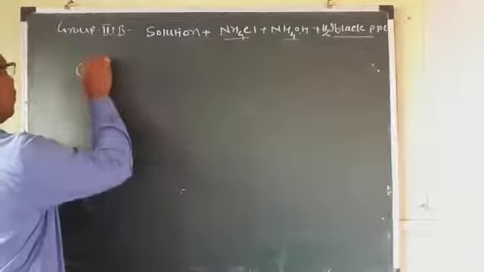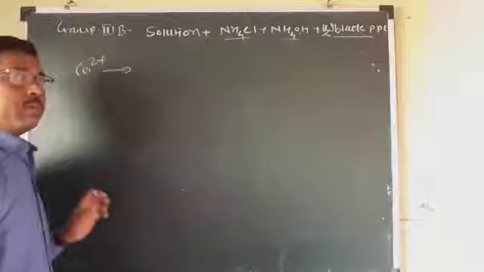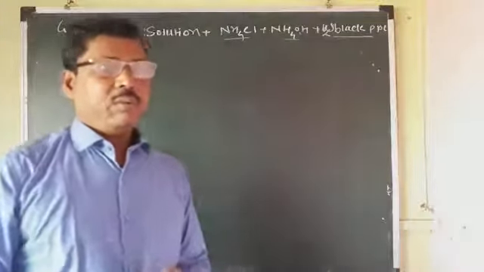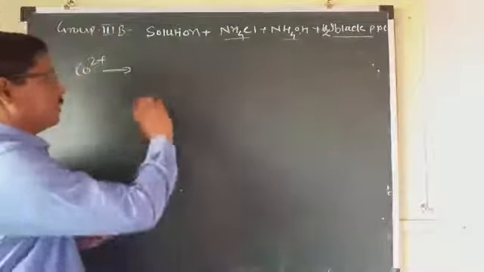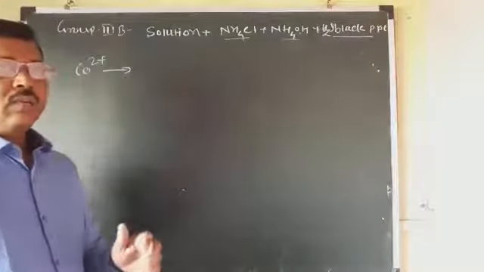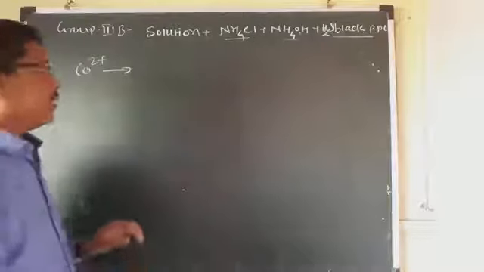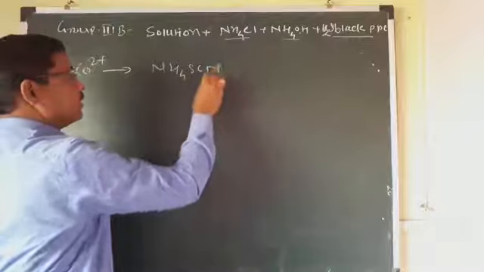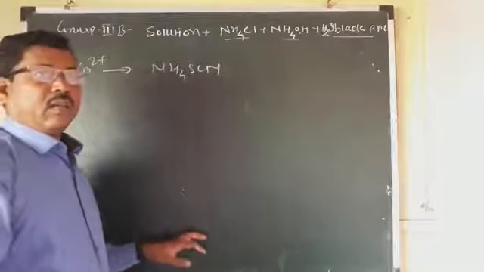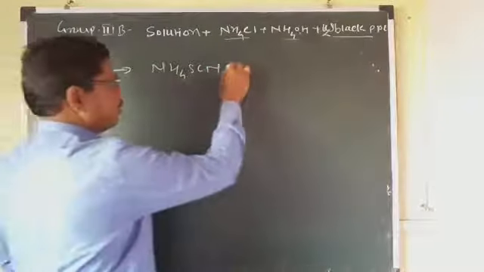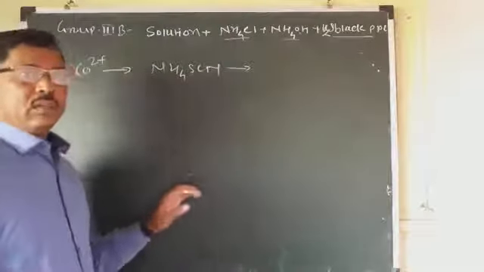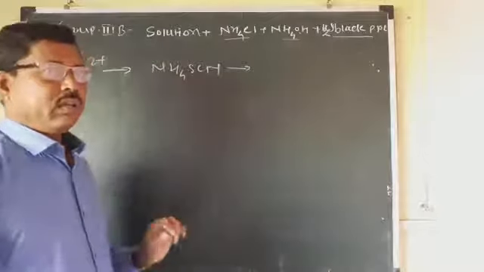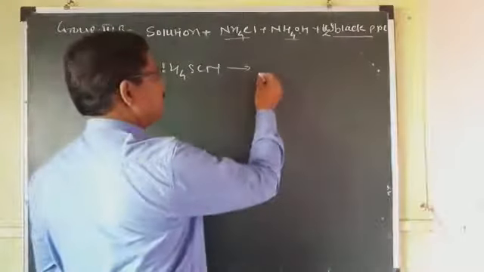The cobalt 2+ ion is confirmed by placing a drop of the solution on a plate and adding 2 to 3 drops of ammonium thiocyanate, NH4SCN. You will get a blue color on the plate.